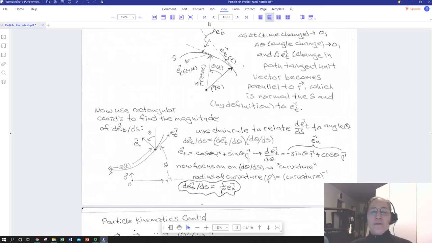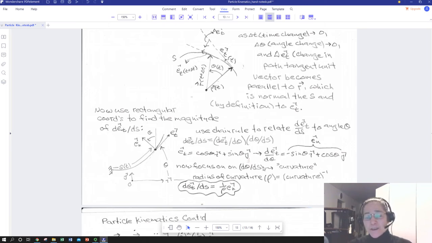If you've ever seen pictures of this, it's like drawing a little circle tangent to a curve at a given point and asking what radius that circle would have to have. So the straighter the curve line is, the larger the radius of the circle that would be tangent to it, so it has a larger radius of curvature.